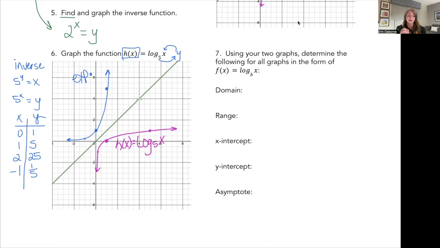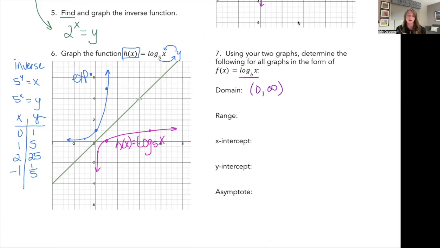Okay, on number 7, this means for any log graph with any base, as long as it's a number above 0 and not 1, the domain will always be from 0 to infinity. And this is assuming there's no shifting left, right, up, down, any of that stuff. This is our most basic log graphs.